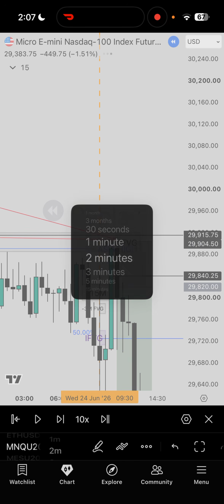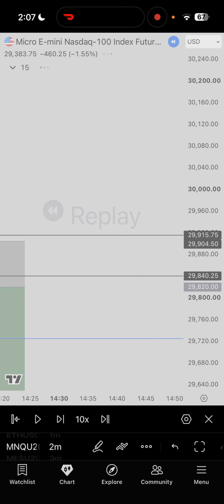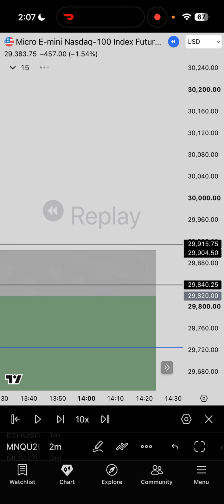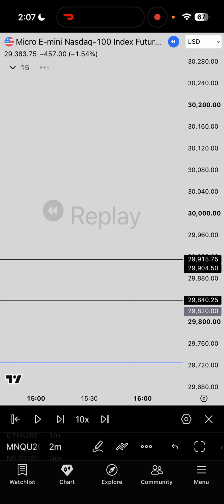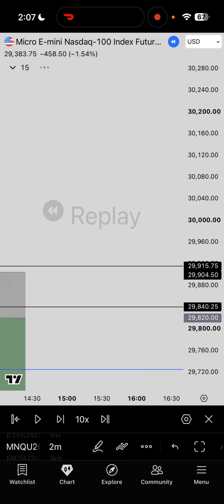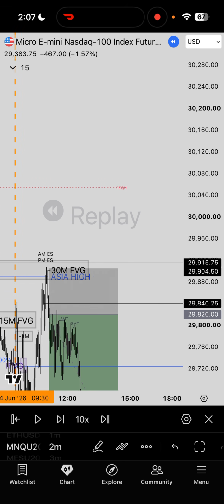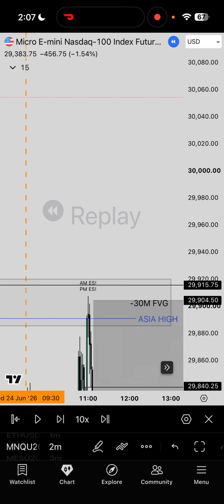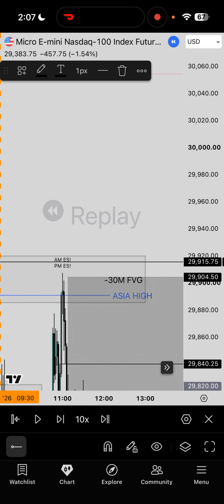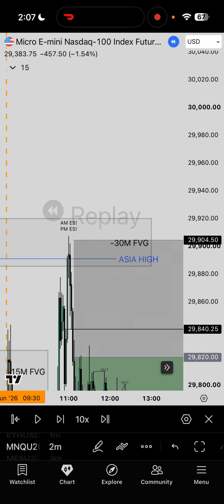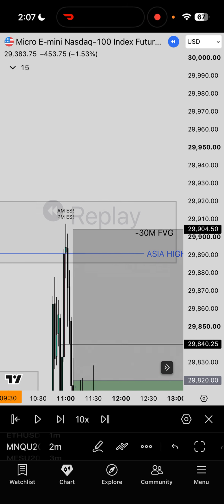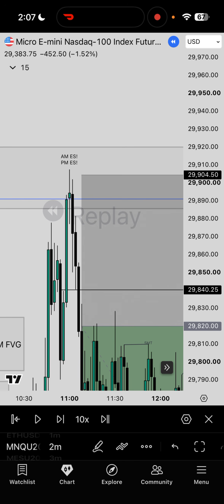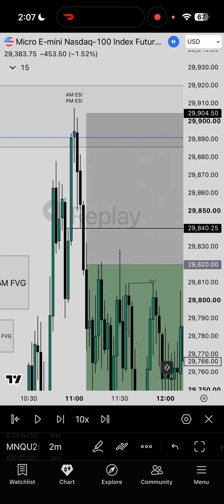And if you go down to the 2-minute, it was a 30-minute gap that took the Asia high, and we entered the other 30-minute gap. We had a 2-minute inversion right here.